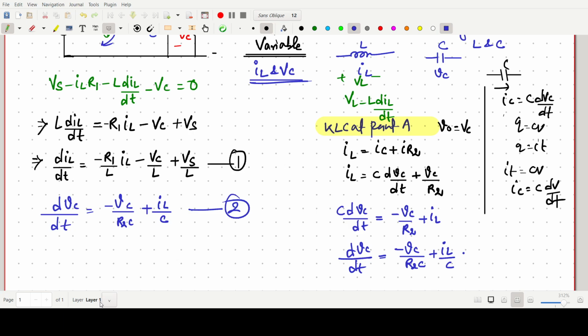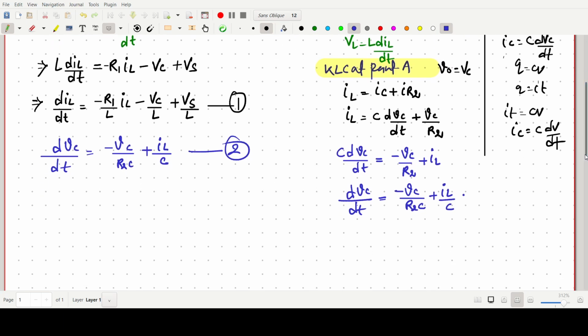Now we have to write the state equation. So first state equation. What can we write in the matrix form?